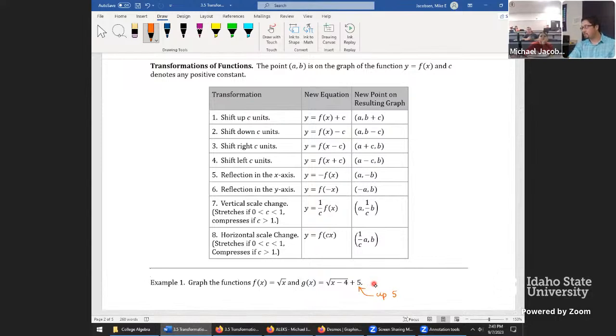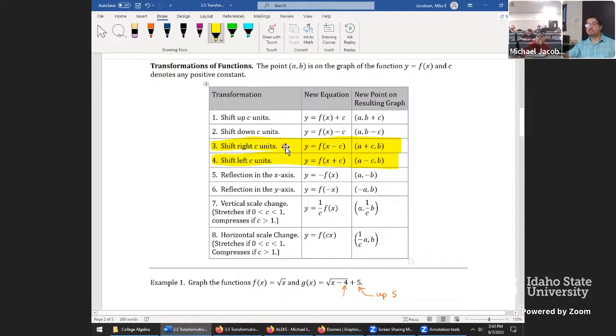Next thing to look at is the -4. Now, if we have something right next to x, then we're dealing with something like this right here. We'd have, let's see, a negative quantity, -4.